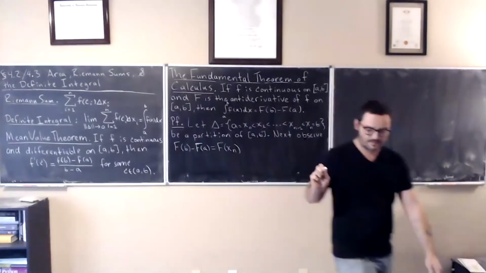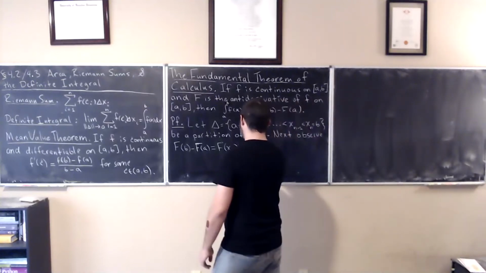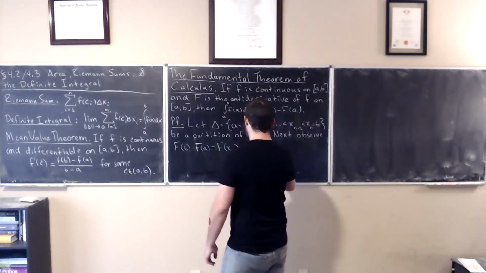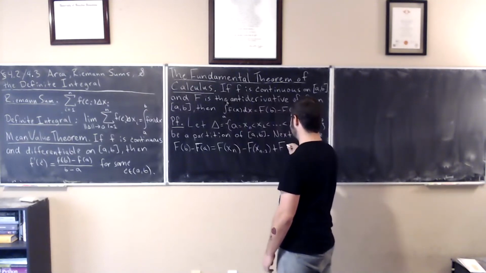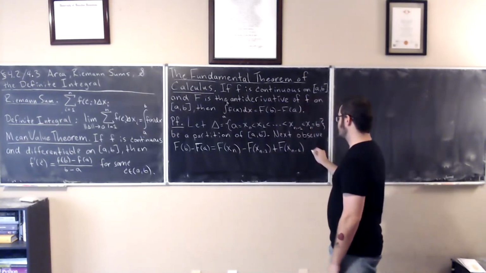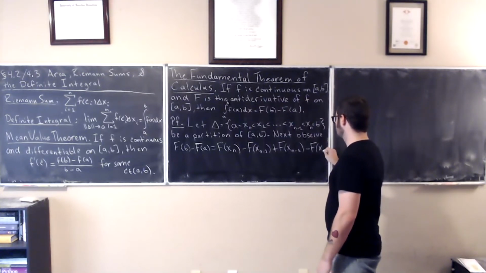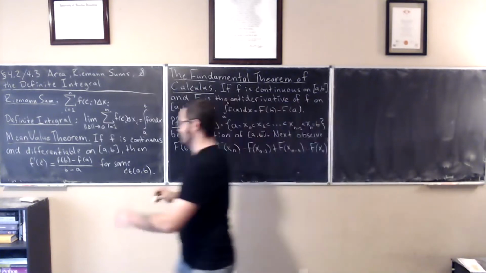Okay. But now we're going to do a little trick here and say minus F(x_{n-1}) plus F(x_{n-1}). And then I'm going to say F(x0). Now, do you agree that that's true? Just take a moment to look at it.